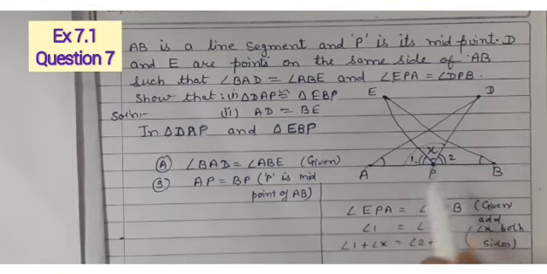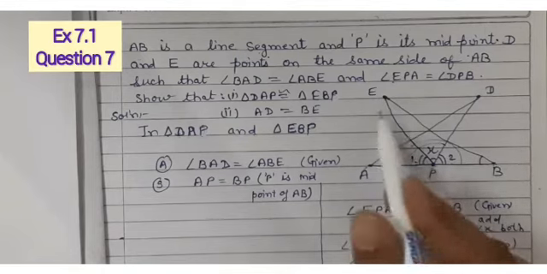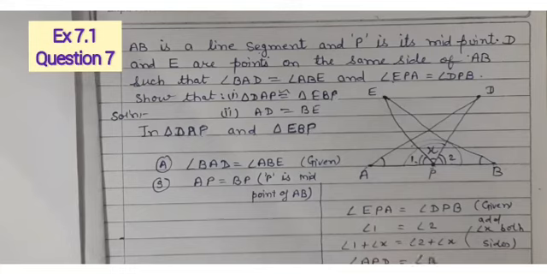This is APD, and here BPE. This is BPE, and mark it equation number 1. Now third thing you have to write, angle APD is equal to angle BPE by first.